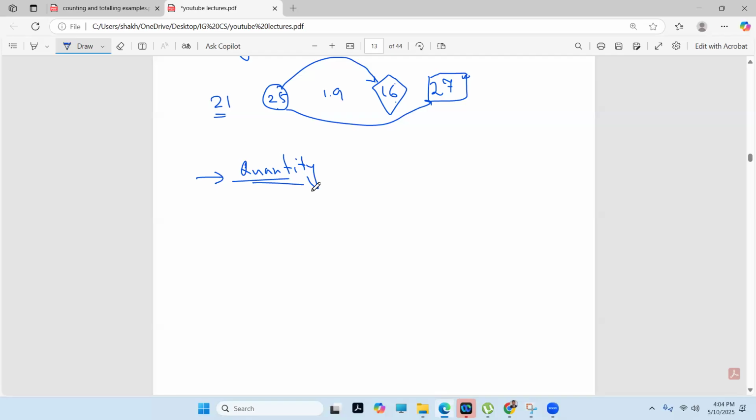In your life, we have 2 types of quantity. One is countable, or I mean to say, one having a limit. Using our common sense, we can understand there is a limit. Another has no limit. What does it mean? For example, height of a person.